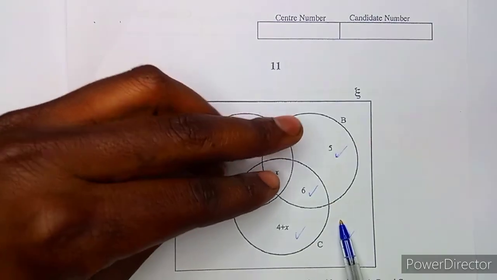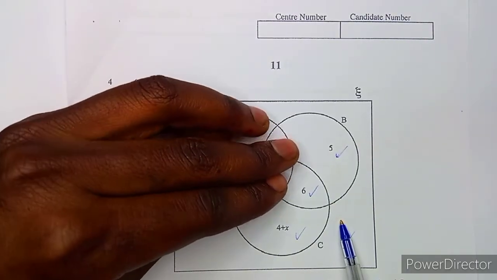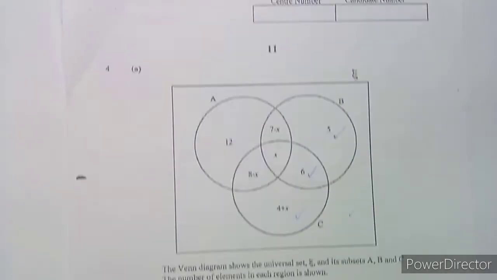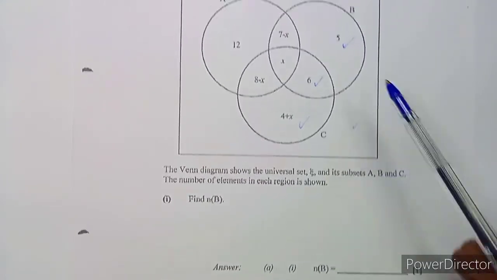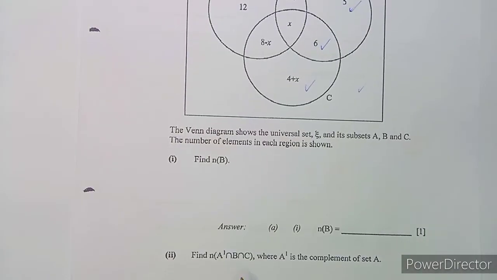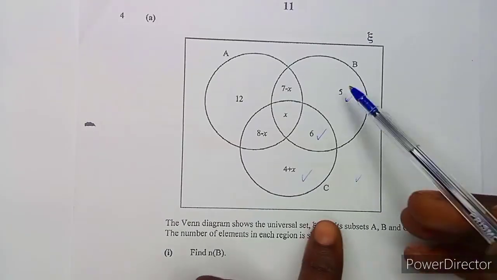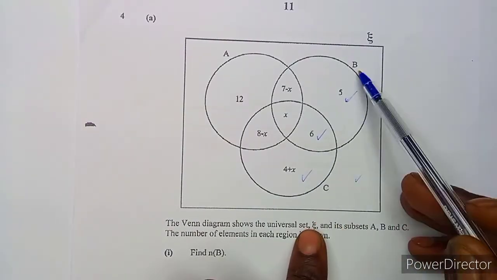Now this part that we are talking about is an intersection. I want you to see what is happening. Intersection B, intersection C. So let us focus on this part of B intersection C. What are we going to have on the intersection from this part that we have now, going into the intersection of B and C?